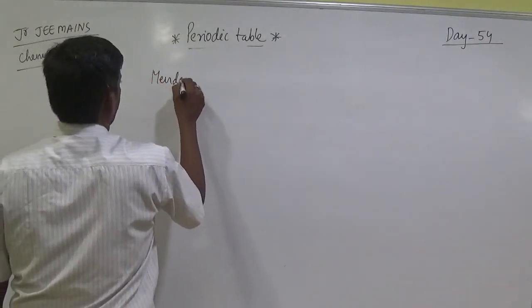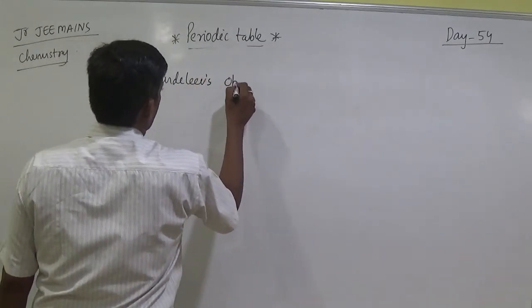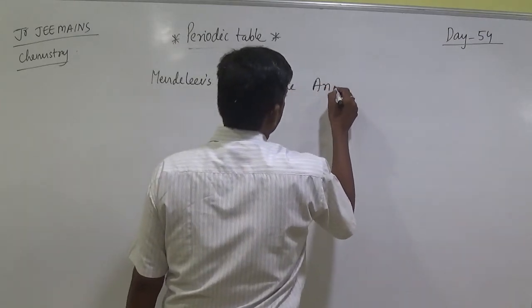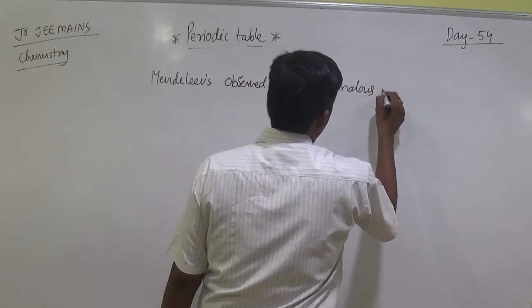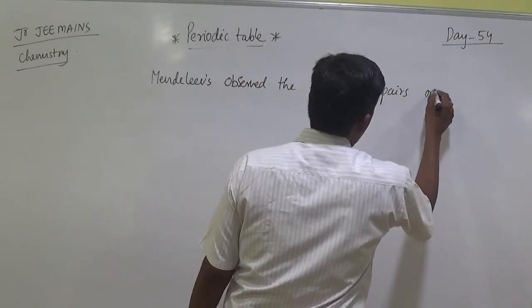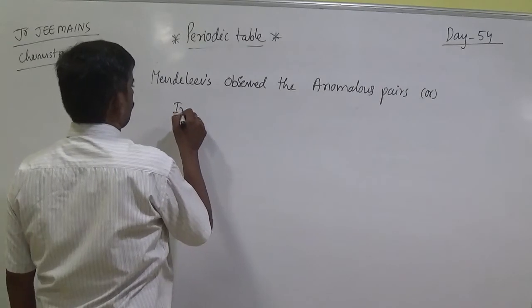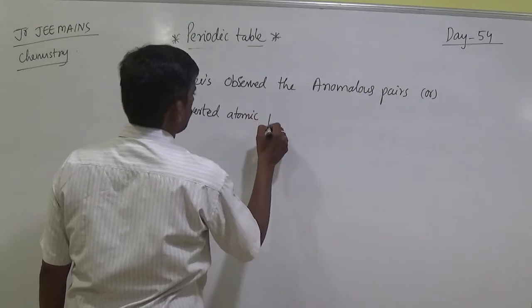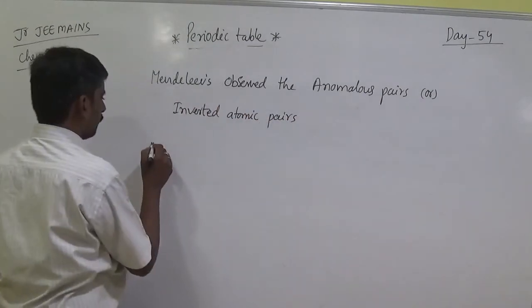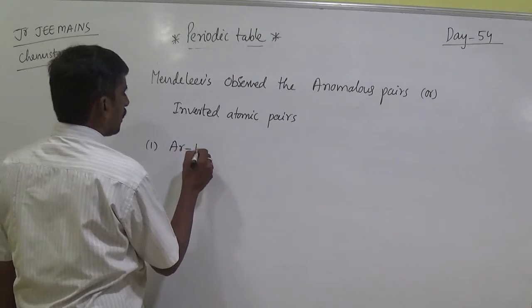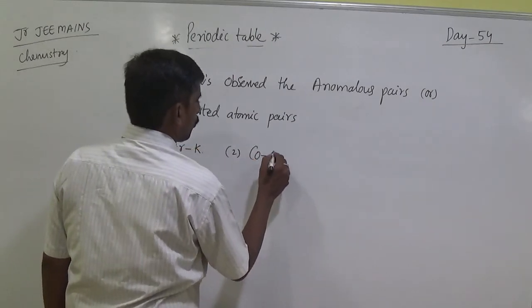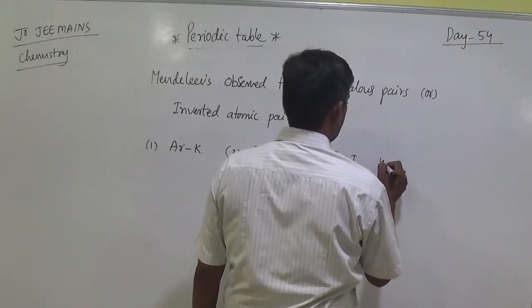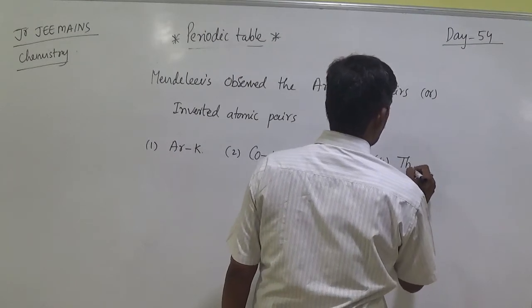Mendeleev observed the anomalous pairs, or inverted atomic weight pairs. What are they? First one is argon and potassium, second cobalt and nickel, third tellurium and iodine, fourth thorium and protactinium.